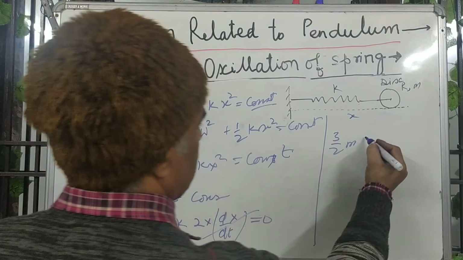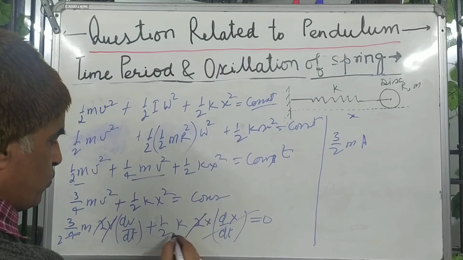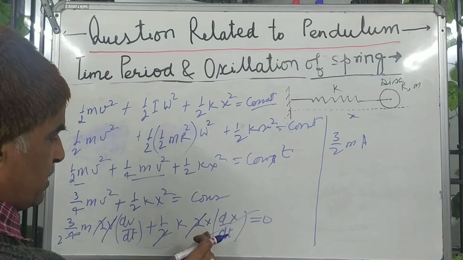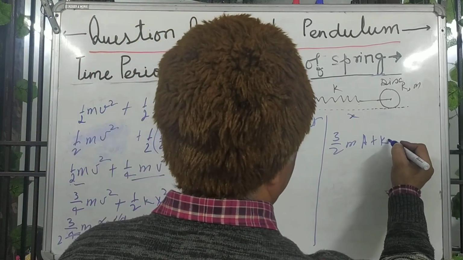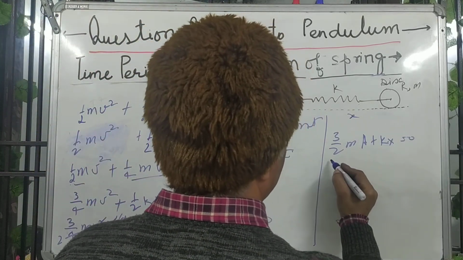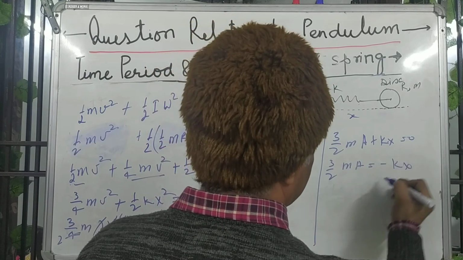So we are finding 3 by 2 m a, where dv by dt is the acceleration, and this 2 and this 2 cancel. This is kx plus kx equal 0. So 3 by 2 m a equal minus kx.